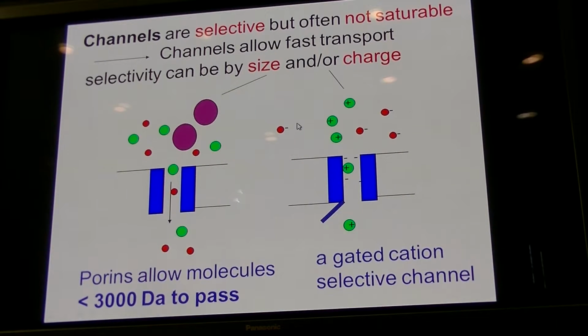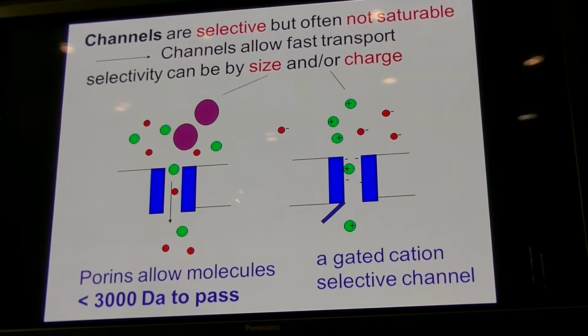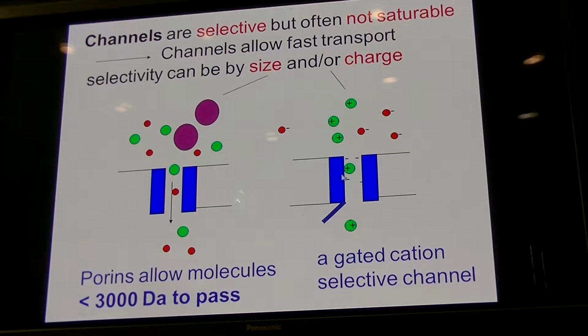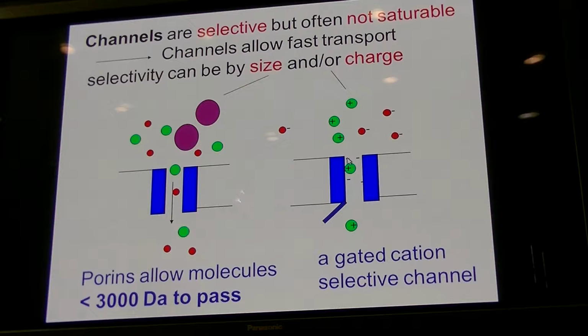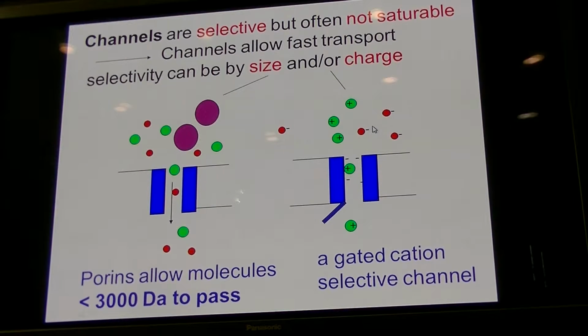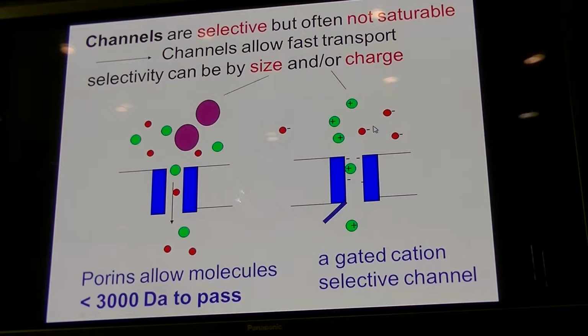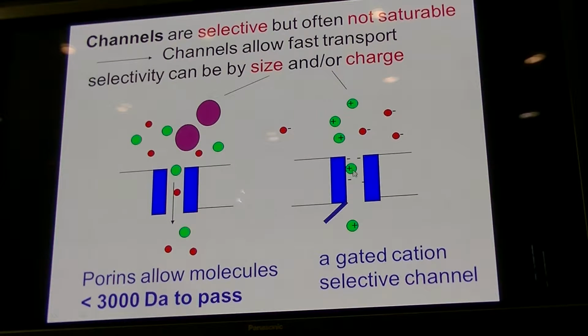You can also have selectivity by charge. You can imagine that if you have a pretty narrow opening somewhere in your channel, and if there are a lot of negatively charged amino acids that line that channel, so glutamate and aspartate, then by repulsion, negatively charged ions don't want to go through, but positively charged ions can flow through such a channel.